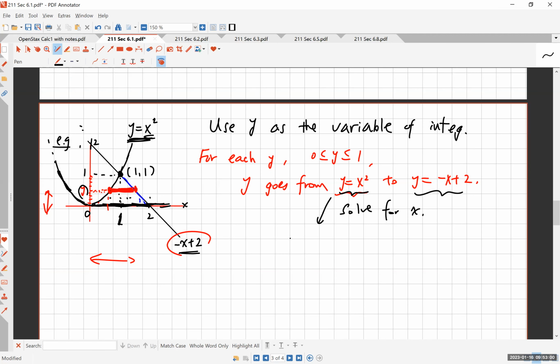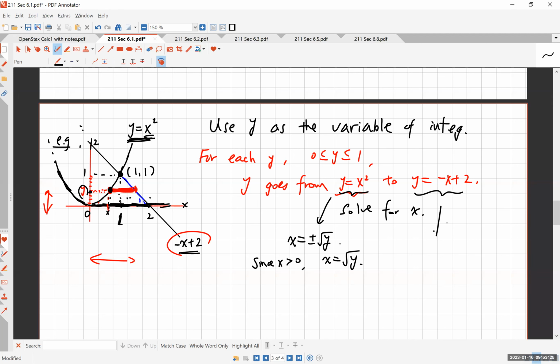So for this, I solve, and of course, x is plus or minus the square root of y, but since x is positive here, I will just take the positive square root of y, and that's this point. In other words, when y is given, let's say 0.5, this point is the square root of y, which is my x coordinate here.